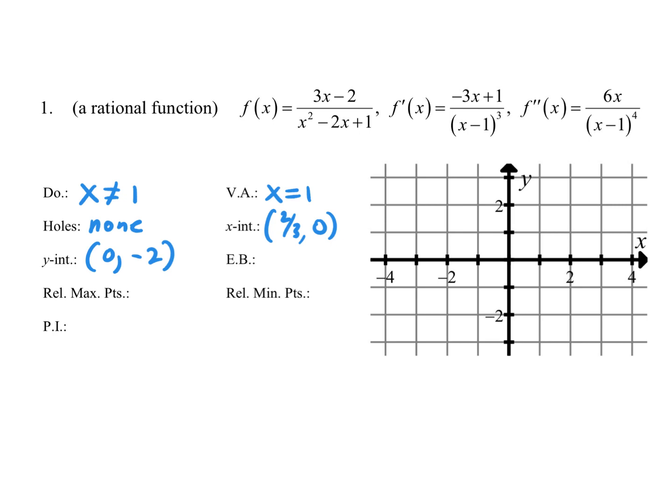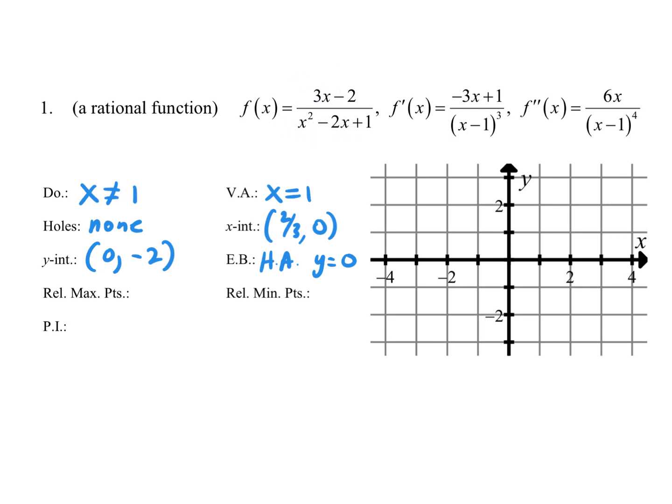So if the degree on the bottom is bigger, then we know there's a horizontal asymptote at the line y equals 0, okay? If the degrees are the same, you got to divide the coefficients. Now in this case, I have degree of 1 on top, degree of 2 on the bottom, so I know that I'm going to have a horizontal asymptote at y equals 0, okay? So just remember those rules. When the degree on the top, I guess I did mention that one. When the degree on the top is bigger than the degree on the bottom, what does it mean?